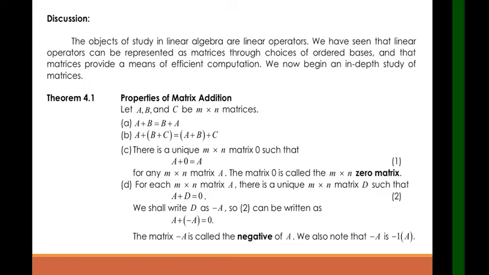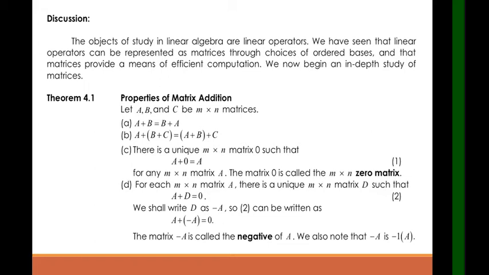Next is A plus B plus C equals A plus the quantity B plus C, which I think is the associative property. And then for letter C, there is a unique m by n matrix 0 such that A plus 0 is equal to A, which is an identity property.